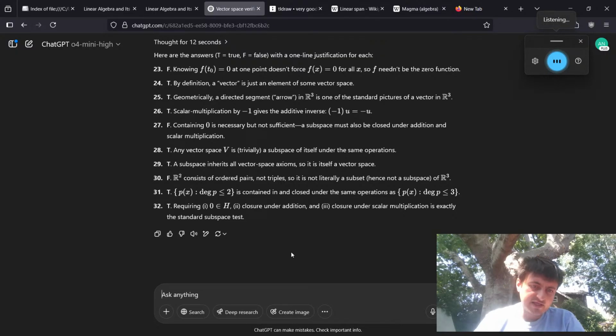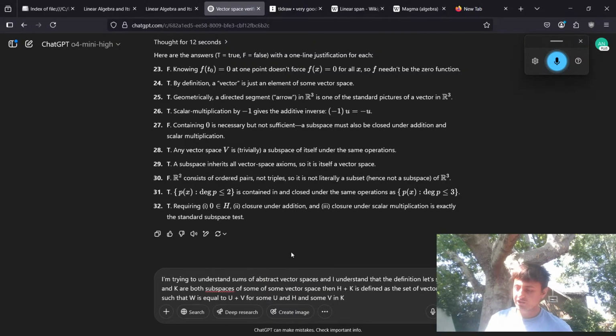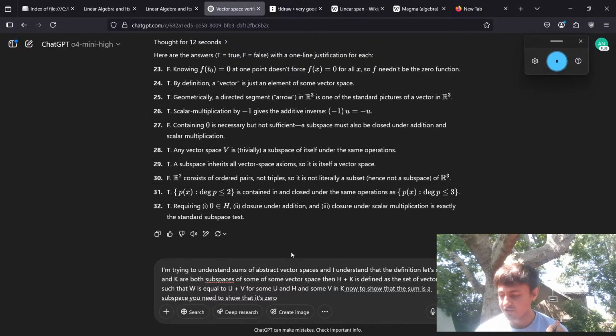I'm trying to understand sums of abstract vector spaces, and I understand the definition: let's say H and K are both subspaces of some vector space, then H plus K is defined as the set of vectors W such that W is equal to U plus V for some U in H and some V in K. Now, to show that the sum is a subspace, you need to show that it contains 0. And so you can just take the corresponding zeros from both subspaces.